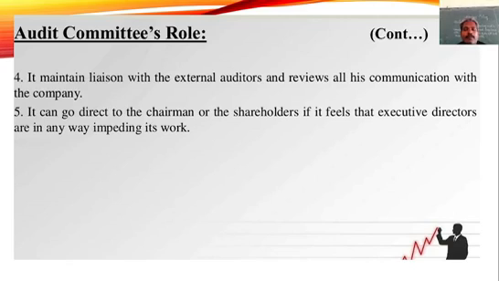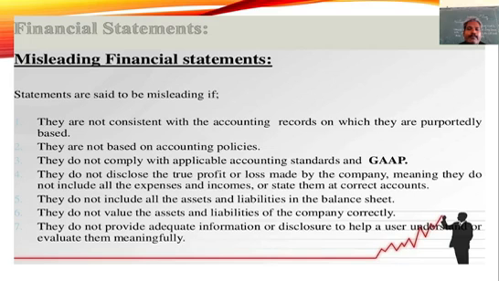So it should hand over to the directors or chairman or the executive directors what they are doing to impede its work. Okay, these are all the major important roles played by the audit committee in a particular company.